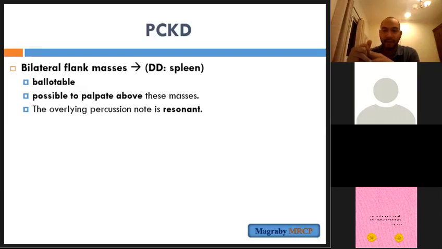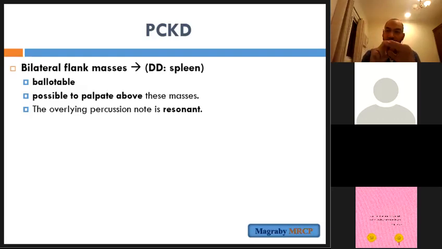The third point is you cannot insinuate your hand to reach the upper border of the spleen because it is below the costal margin. You cannot insinuate your hand between the spleen and the costal margin, but in the kidney you can feel the upper border of the kidney.